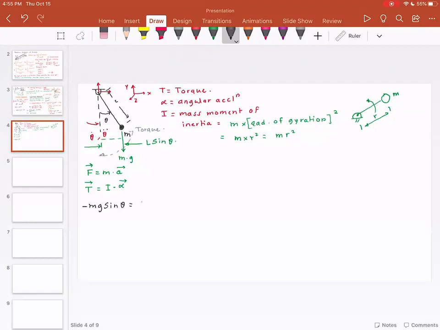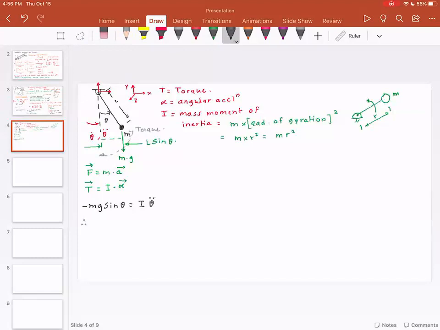Then you're going to have I. And please note, alpha is nothing but theta double dot, the angular acceleration. Angular acceleration is positive, because if you curl your fingers in the direction of angular acceleration, it is positive. So you have theta double dot.